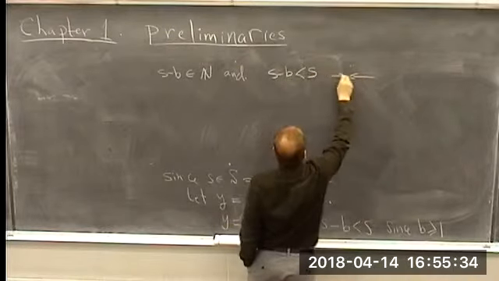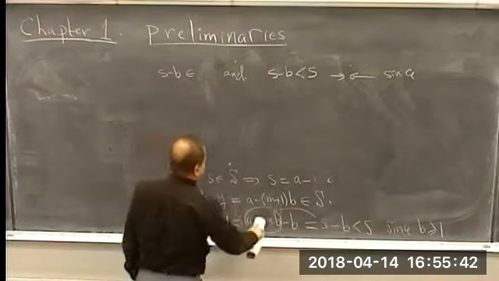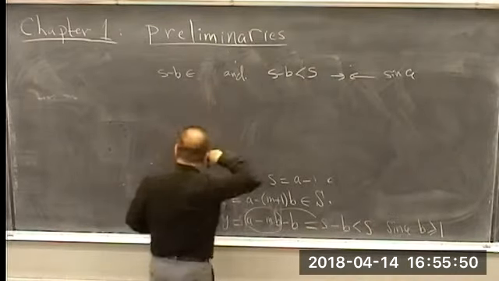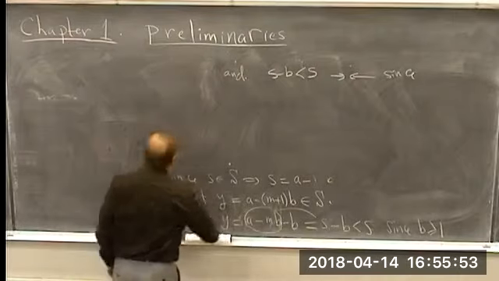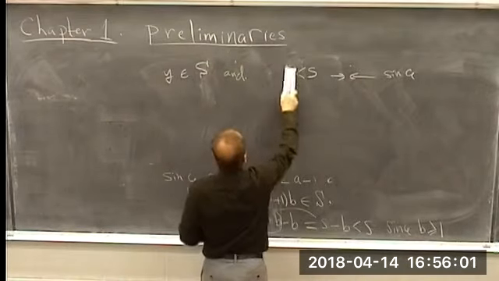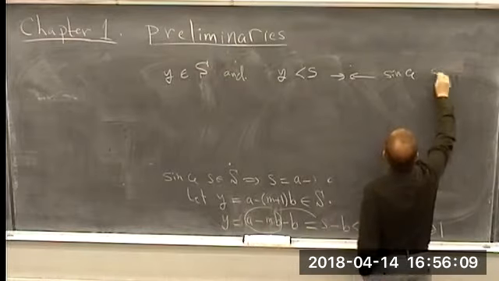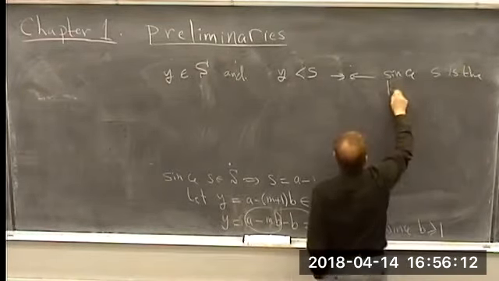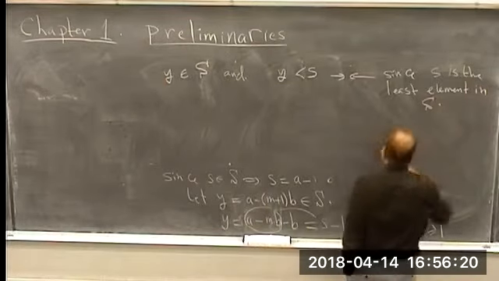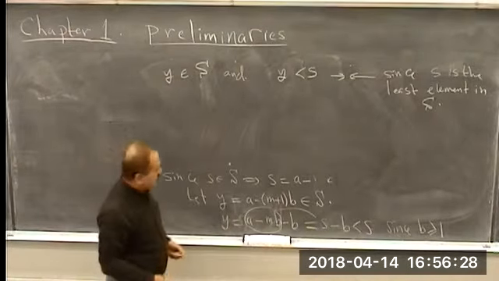Put another way, y is in S, and y is smaller than s, so this is a contradiction, since s is the least element in S. We found an element in S that is smaller than s.